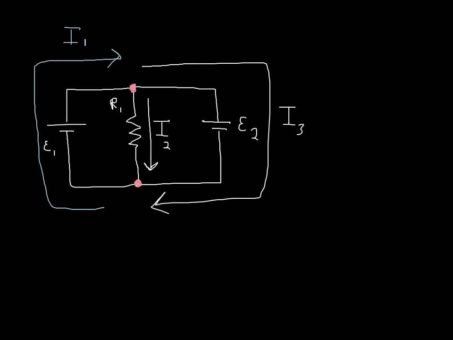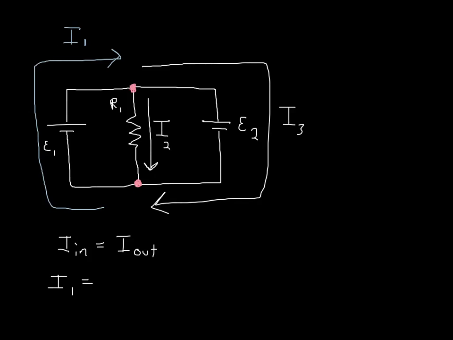According to the junction rule, I know that current in is equal to current out. The current going into this junction, the arrows pointing into this little red dot, is just I1. I1 is the only current going in.